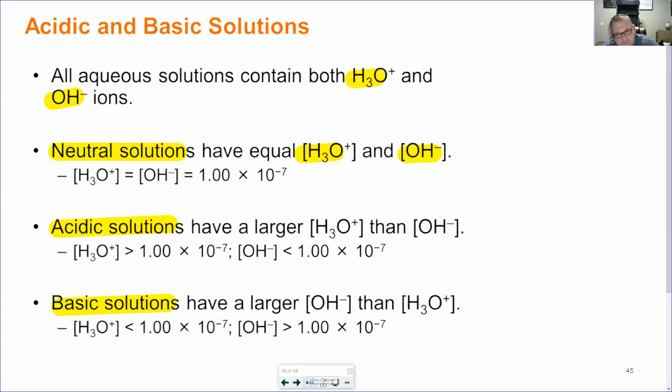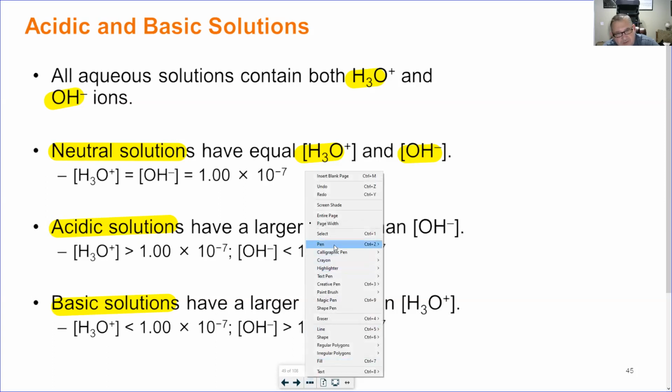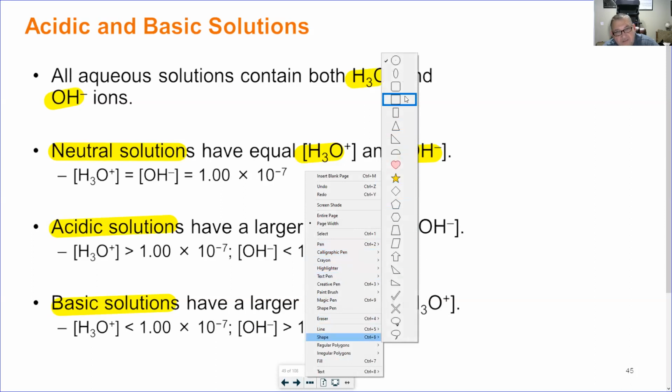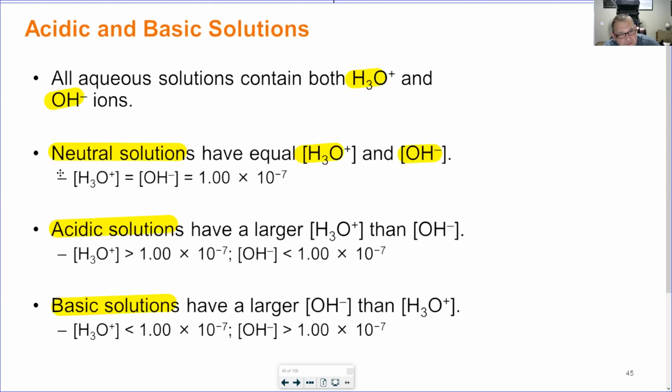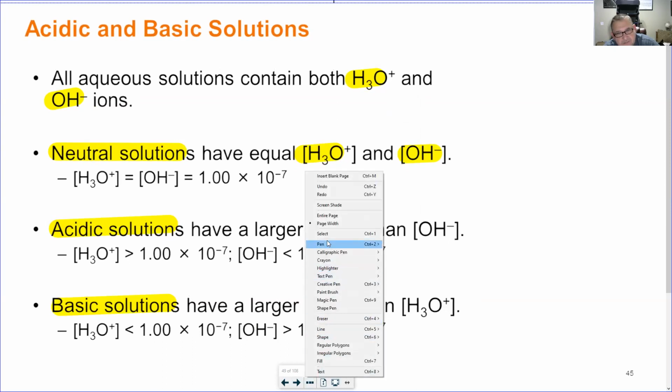Imagine the negative's not here. Let's see if I can block the negative out somehow. That's not going to do it. It won't let me get a white pen. Let's try that shapes thing again.